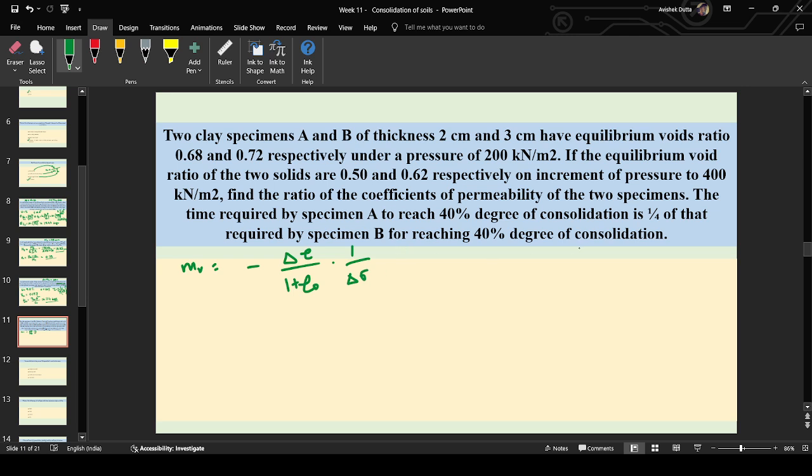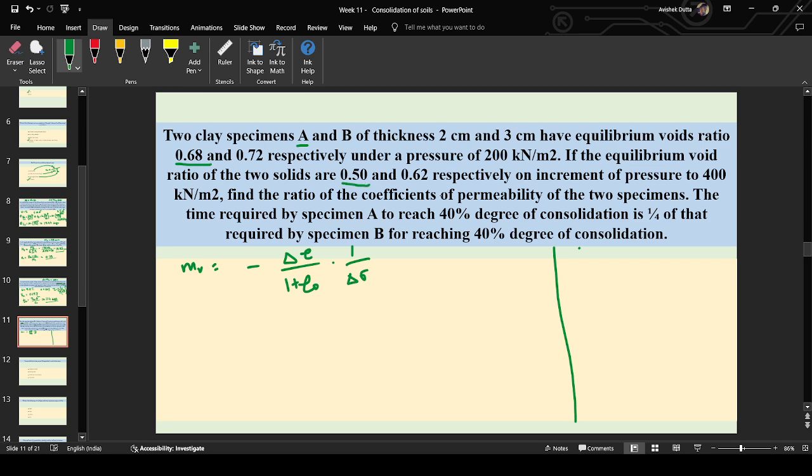Now for sample A, just see very carefully, the initial void ratio at 200 pressure was 0.68. After an increment of 200, it was 0.5.